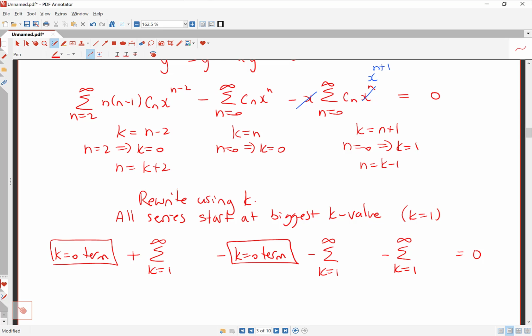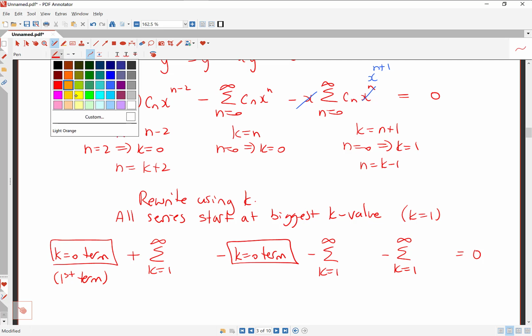So we're looking at the first series, and we're thinking about how do we get the k equals 0 term? Well, another way of thinking about the k equals 0 term is that it's just the first term of that series.